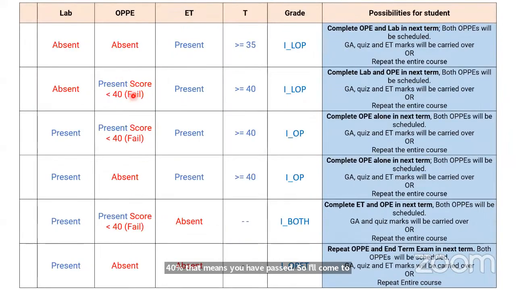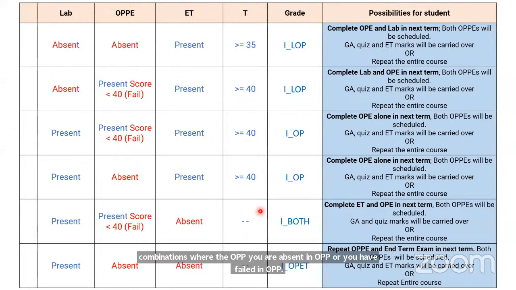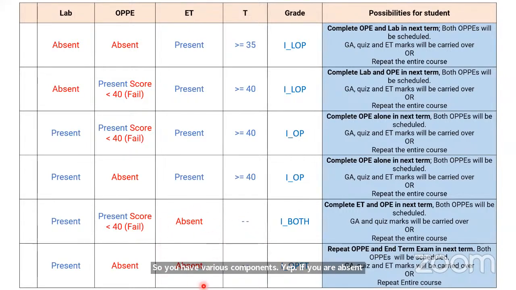Let me complete this. In this slide, as I mentioned, we are talking only about the combinations where you are absent in OPPE or you have failed in OPPE. You have various components here. If you are absent in end term, you will not get the total score.